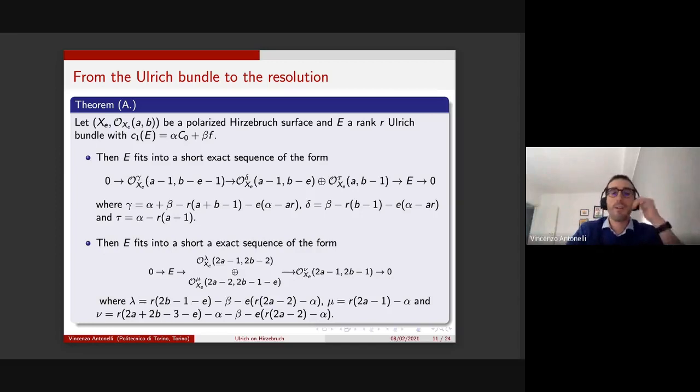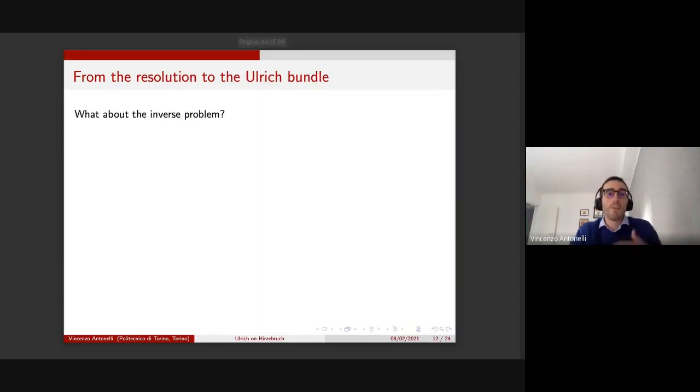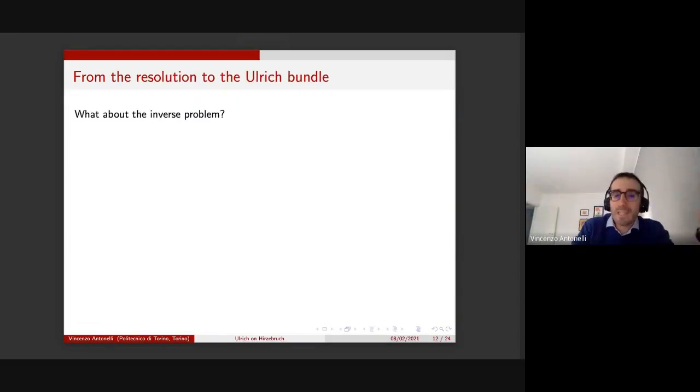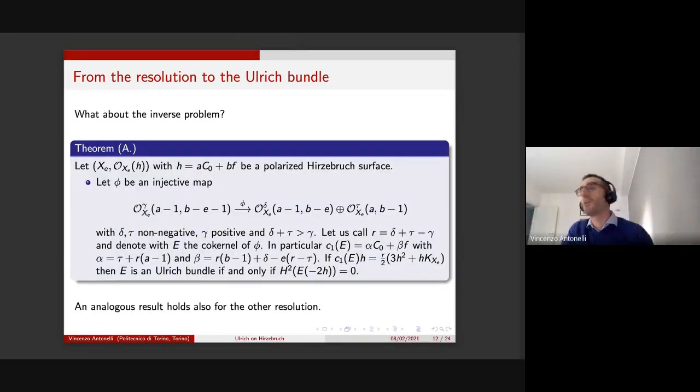So now there's a natural question. We saw that as soon as we have an Ulrich bundle, we can describe it in terms of a resolution. But what about the converse? If you take an injective map between these two vector bundles, is it true that the cokernel is Ulrich? Well, we need some more conditions.